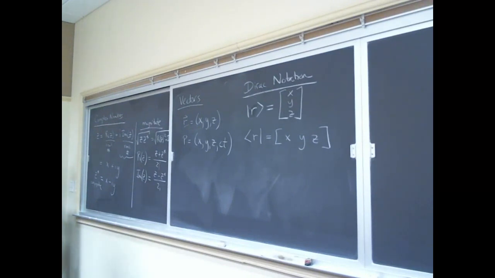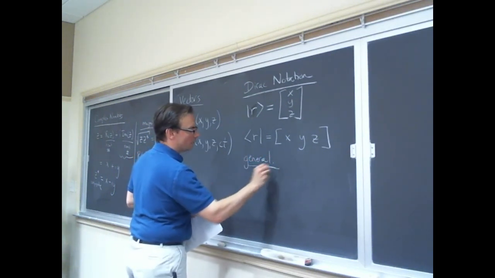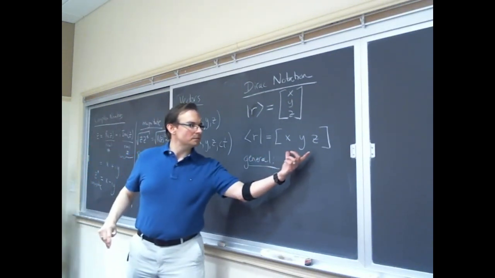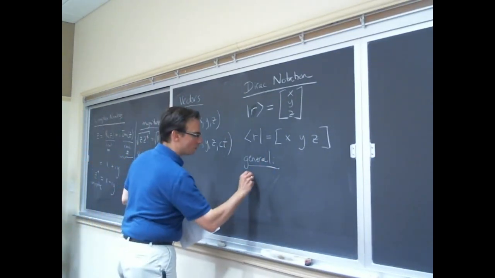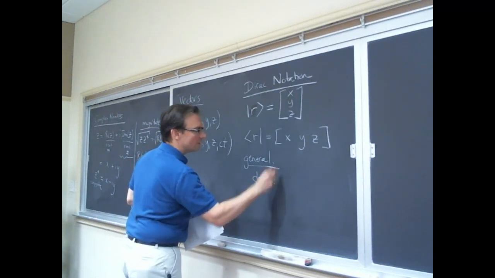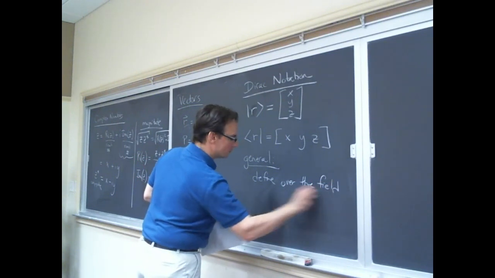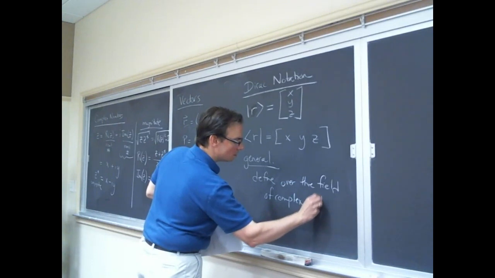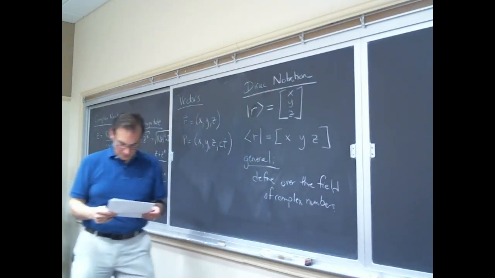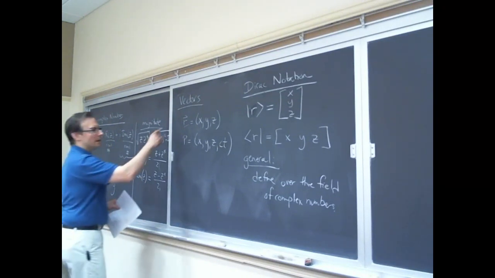So in general, a vector can be a structure that contains anything, including complex numbers. In general, you can define this kind of structure over the field of complex numbers. And in that case, you want to preserve the definition of length as a real number.